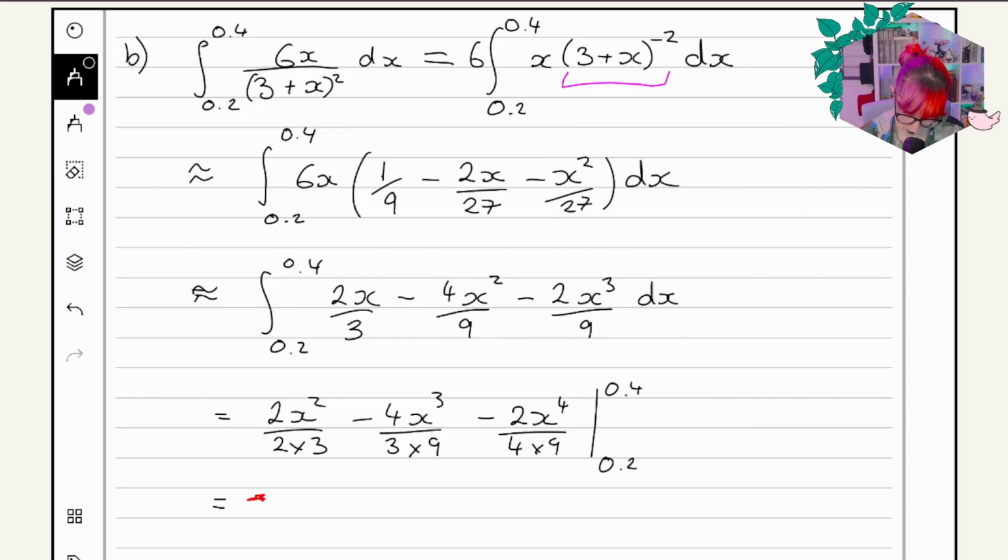Let's simplify it: 2 over 6 x squared, minus 4 over 27 x cubed, minus 1 over 18 x to the 4. Sometimes you just want to use a calculator, and that's okay.